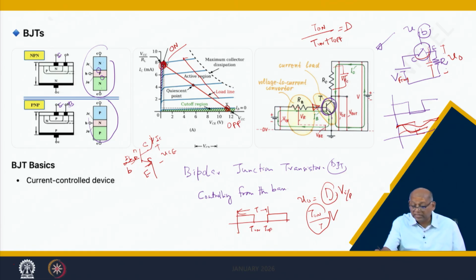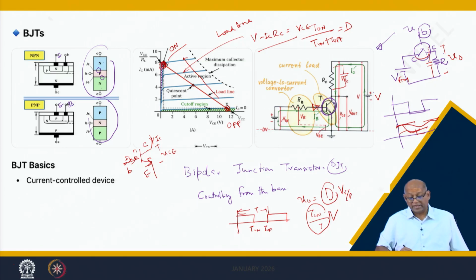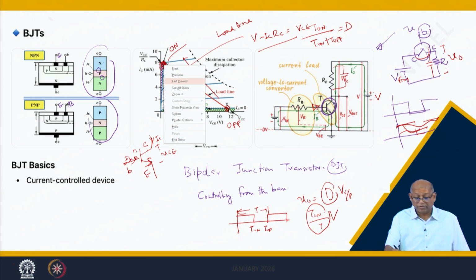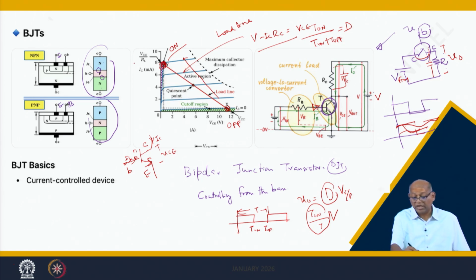This line is V minus IC into RC equal to VCE. This is called the load line, and this is the transistor characteristic. Wherever they intersect, they operate there. If you make IB 0, it will come here, if you make IB maximum, it will come here. So you can operate between these two, switch on and off.